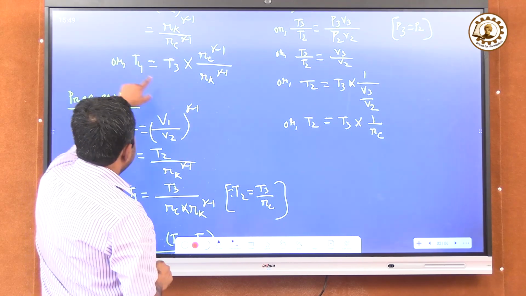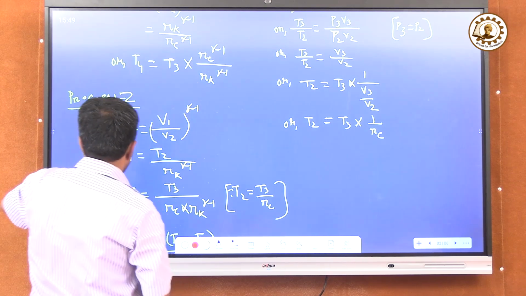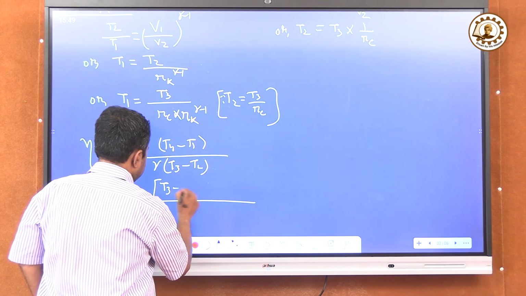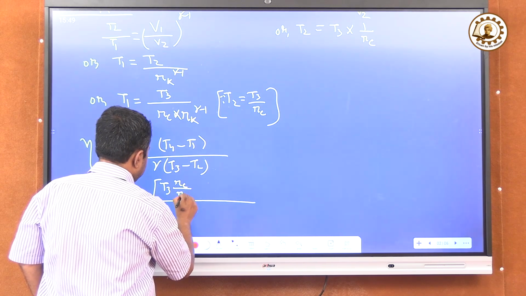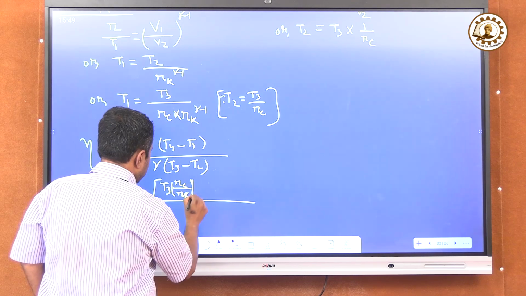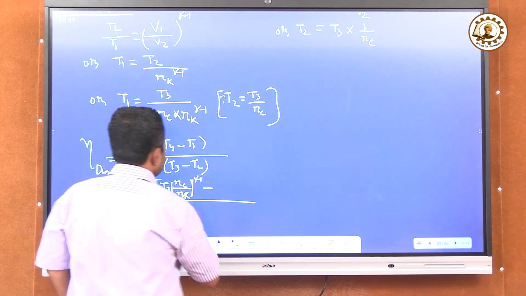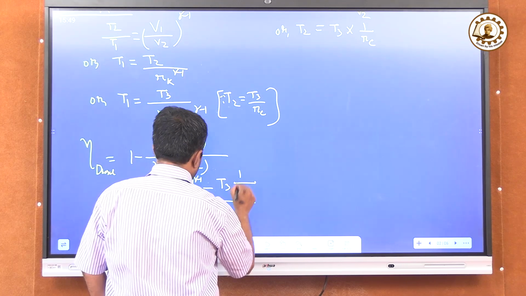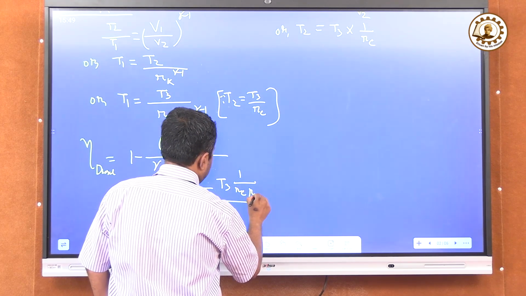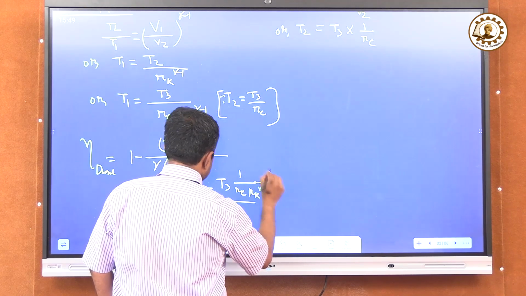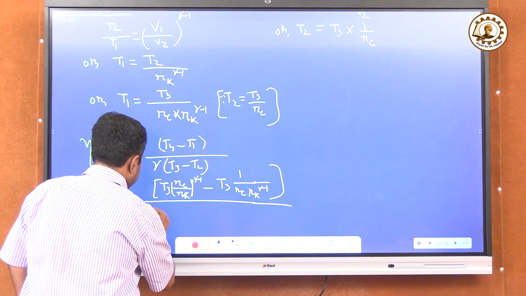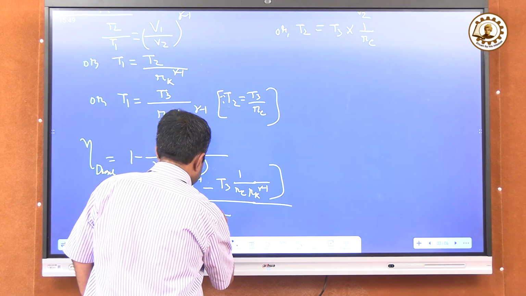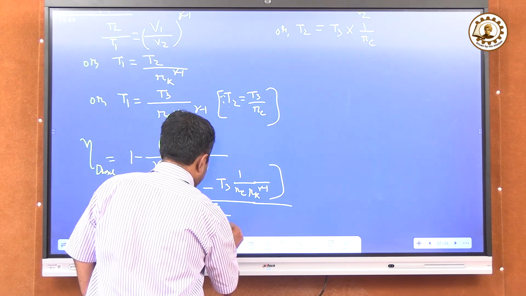It is T3 into Rc to the power gamma by Rk to the power gamma minus 1, minus T1, which is also T3 into 1 by Rc into Rk to the power gamma minus 1, and here it is gamma into T3 minus, what is the value of T2? It is T3 into 1 by Rc.